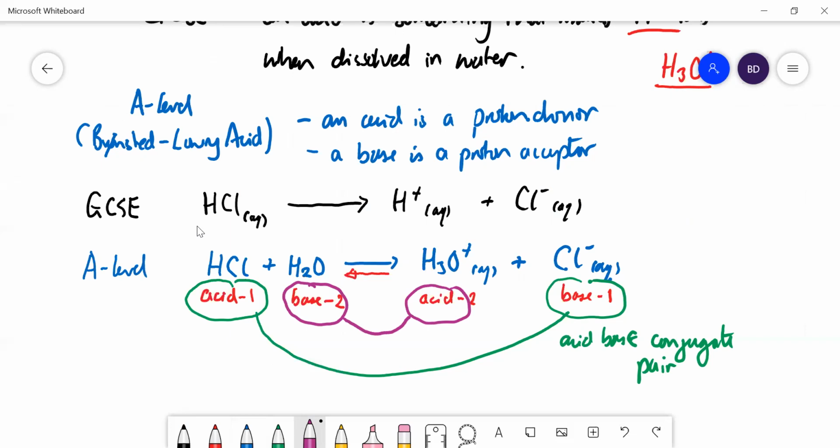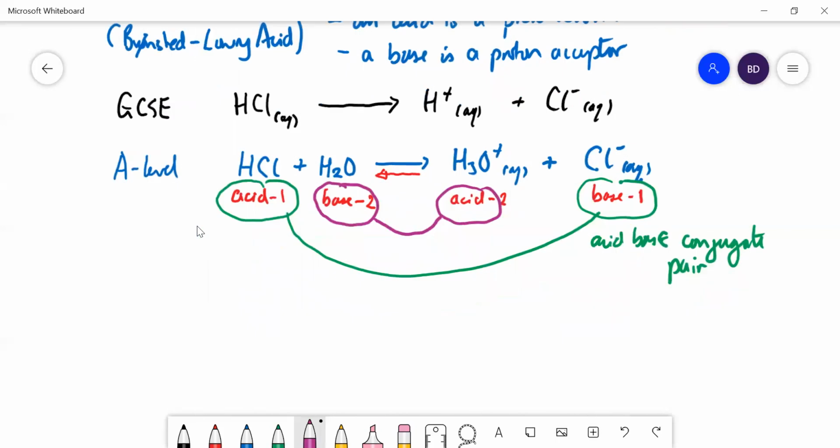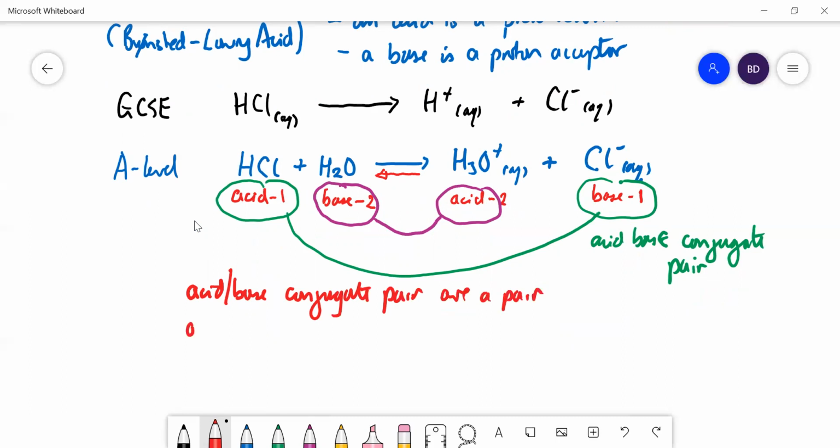Now, what is the definition of an acid-base conjugate pair? You can probably see what it is, but it's useful to have a definition. An acid-base conjugate pair are a pair of species. In chemistry, a species is a thing: molecule, ion, whatever.